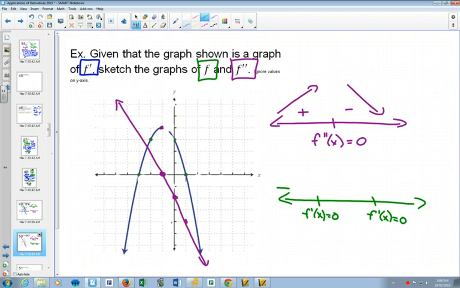Because our blue graph is below the x-axis. Between these 2 points, our derivative graph is positive. And after this point, our derivative graph is negative again. Well, that tells us something about our original graph. That tells us our original graph is decreasing, then increasing, then decreasing again.